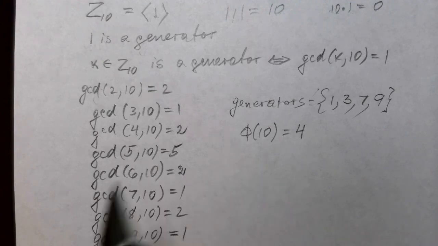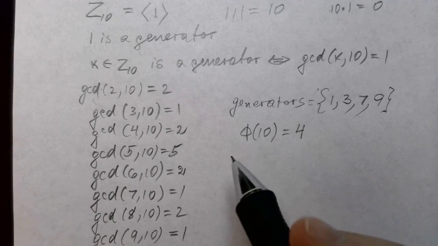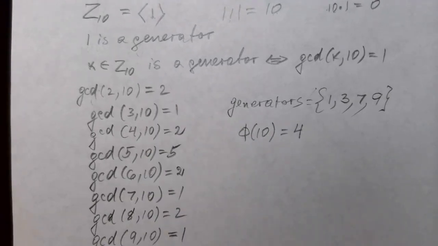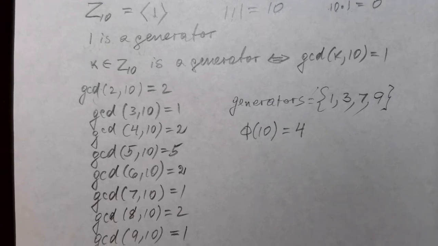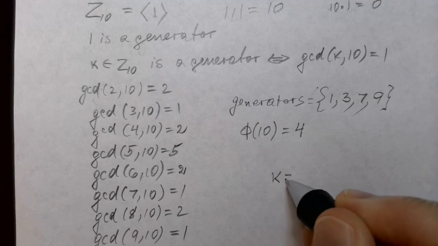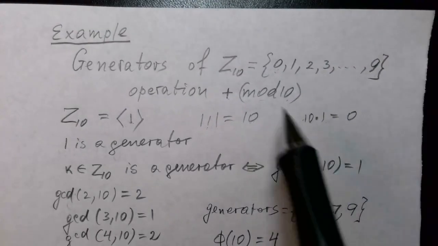Also, we can use this theorem 4.2 to determine the order of k. The order of k from Z10, so k is one of these numbers.